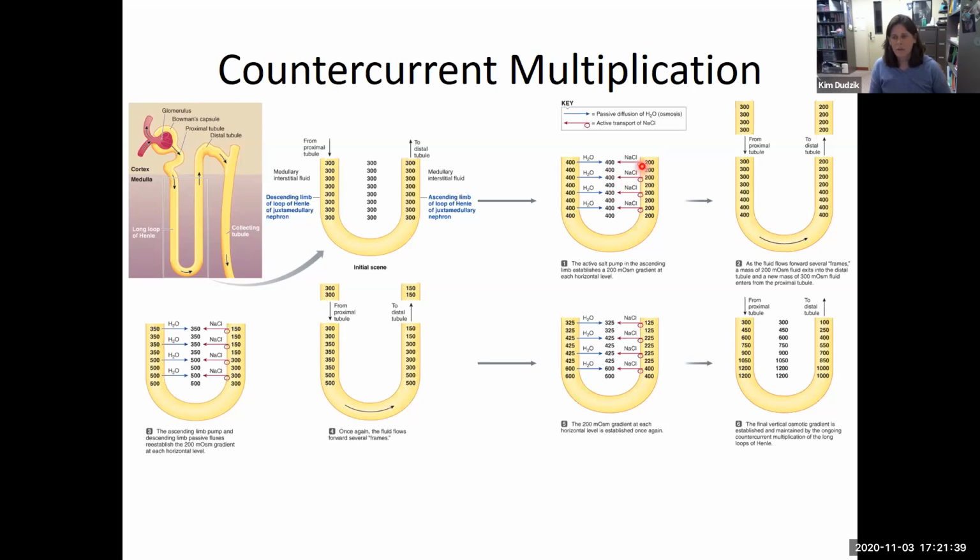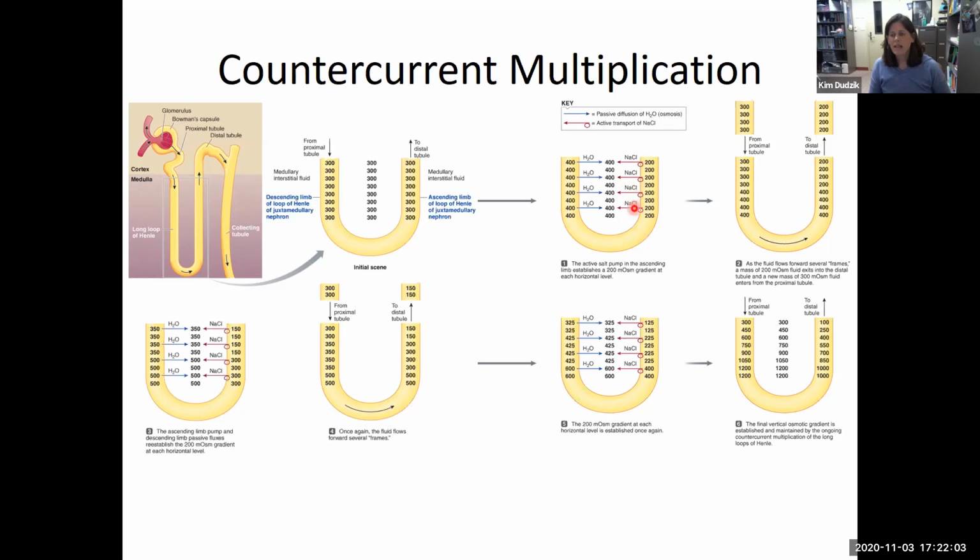So it's actively pumping sodium out. These pumps do this at a rate that produces a concentration gradient, a difference of 200 between the inside of the ascending limb and the interstitial fluid. So we have 200 here and 400 here. Remember though that when sodium actively gets pumped out, chloride follows passively, so this is salty.